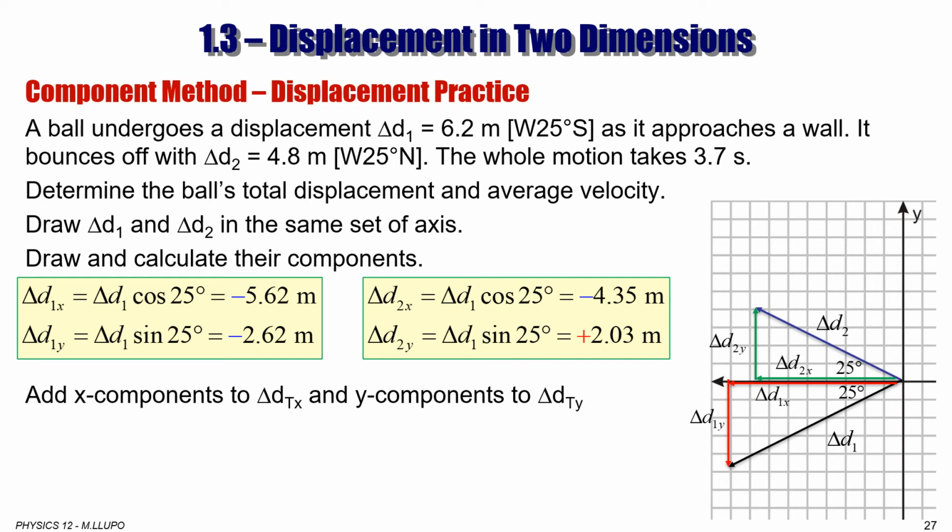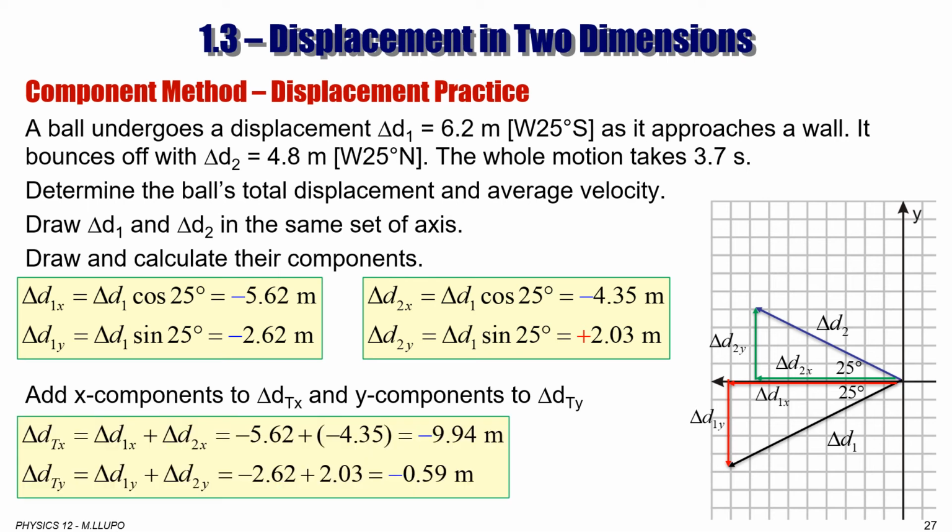Then what do we do? The next step is you add those components together, but remember, there are some positives and some negatives. You have to make sure you don't ignore those signs. Signs are very important. For ΔD total x, you add the x components together. ΔD1x is negative, and ΔD2x is negative also, so obviously the sum is going to be negative.